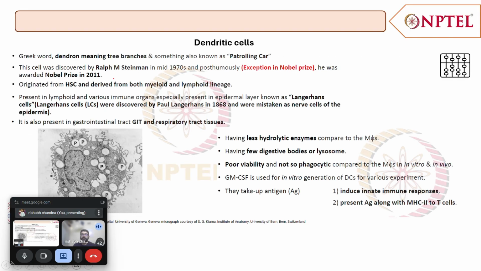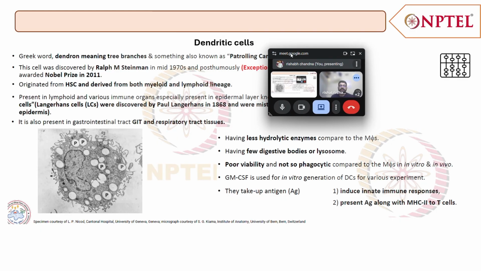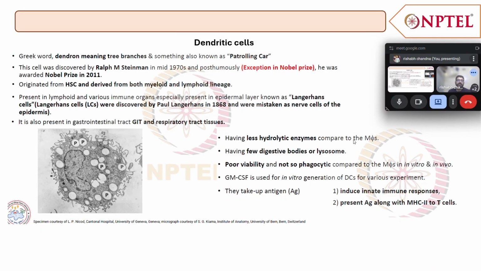Now we'll move on to the next cell, that is the dendritic cell of the immune system. Dendritic cells can arise from both the myeloid and the lymphoid progenitor.